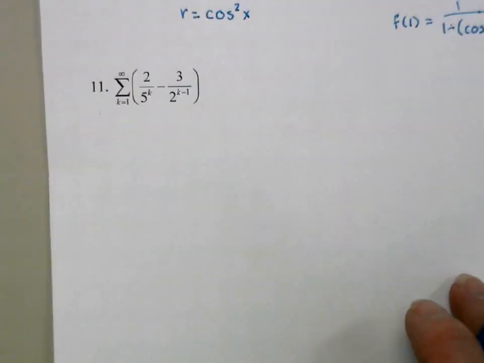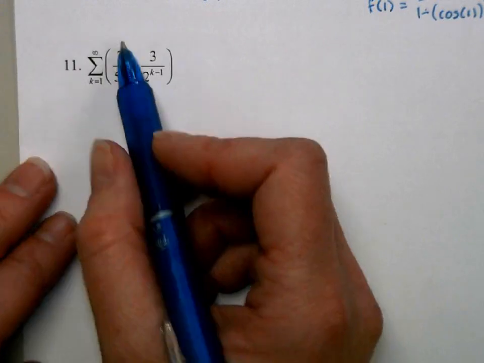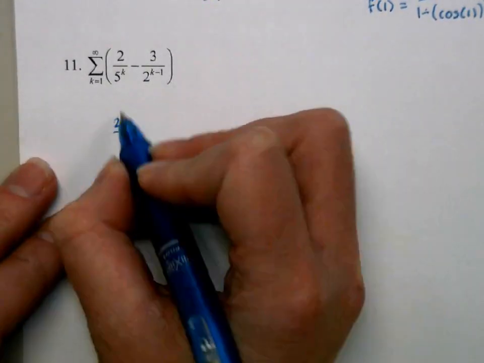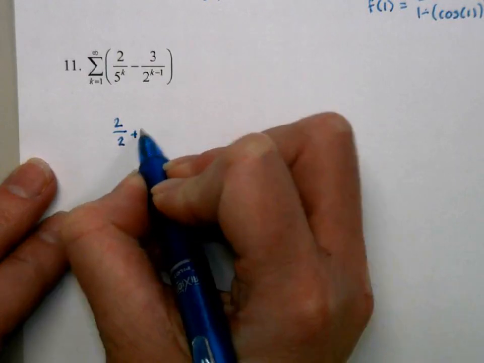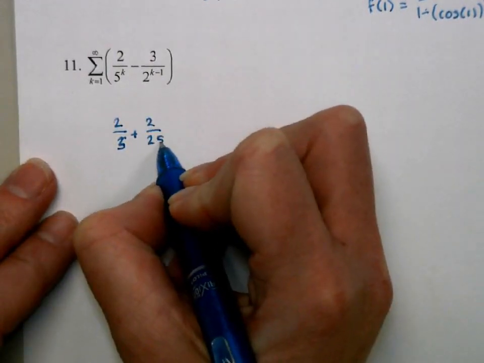This last one is kind of a combination, but if both of these series converge, then we can add or subtract those values. Okay, this first one, I'm just going to do this all kind of separate. If I plug in 1, 2 fifths, 2 25ths, and so on.